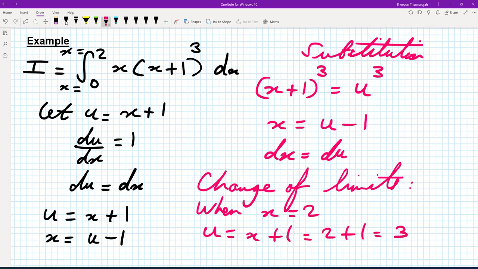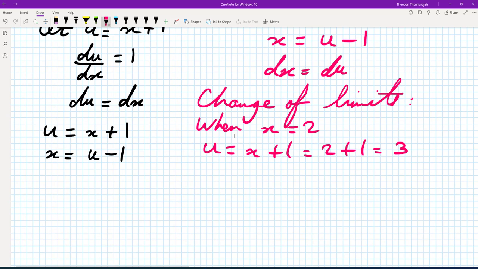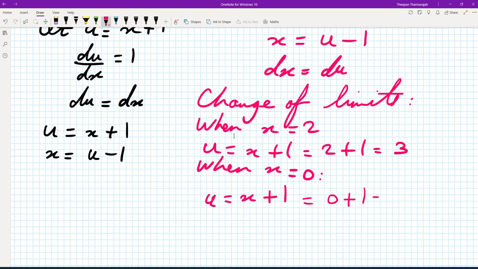So the new limit is now 3. We do the same thing when x equals 0: u equals x plus 1, so that's 0 plus 1, which is 1.